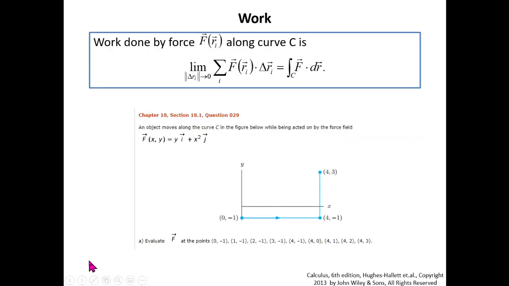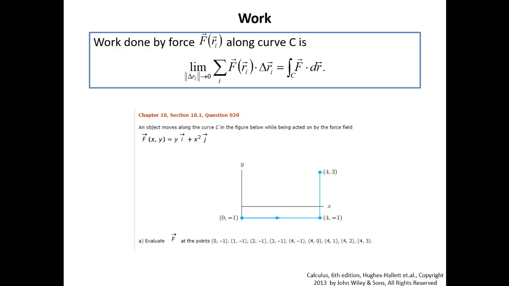Okay, let's talk about work. This is actually, excuse me, this is a homework problem, so we're going to look over this one. The work done by a force along a curve is the sum of each function value at a particular value times the change, okay, which gives us this integral over the span.